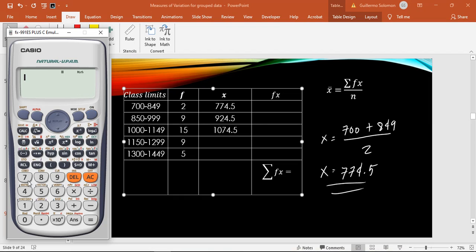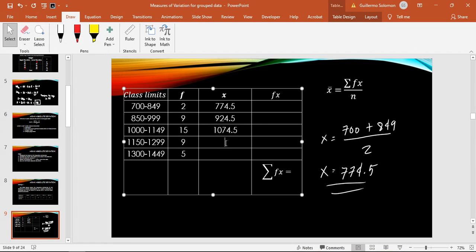Next, 1,150 plus 1,299, ito yon, divided by 2, that is 1,224.5. Okay.